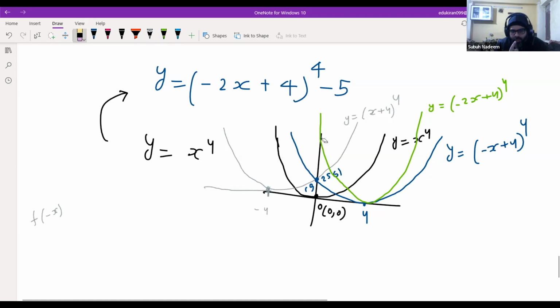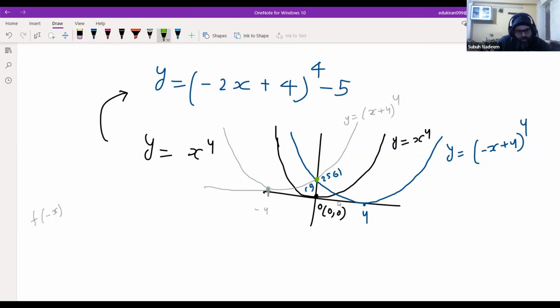You are compressing it along the x-axis, right? So at 0, it is 256, so it has to go there. Oh, sorry, a mistake we have done. Along the x, when it is compressed, it is passing through 0, 256.